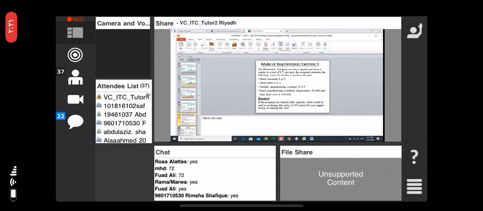For making this part, we have direct material 22.5, direct labor 31.5, and variable manufacturing overhead 13.5. Here we also have fixed manufacturing overhead cost. We said fixed cost is irrelevant cost, so you need to avoid it.